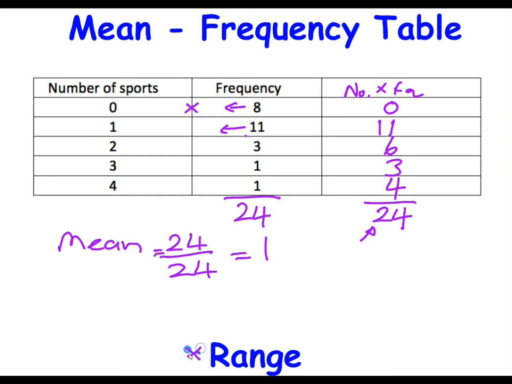Now, with frequency tables, you can also quickly work out what the range is. And the range pertains to our data. In other words, we've got a maximum of 4 sports, a minimum of 0, so our range is 4 sports. So the range comes from our data.